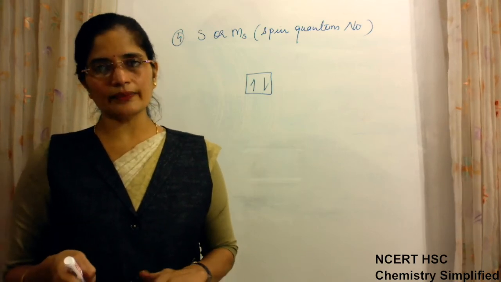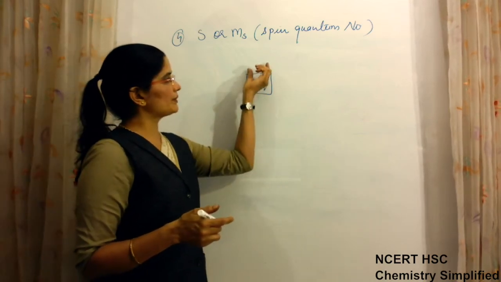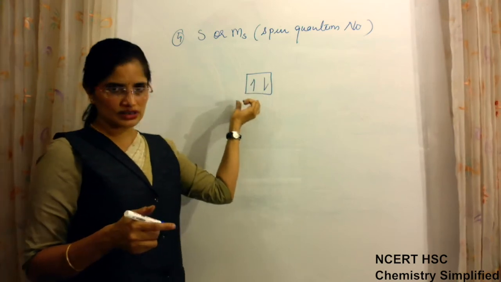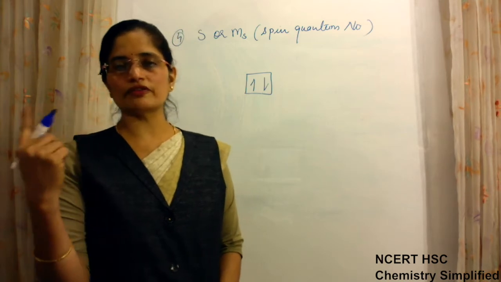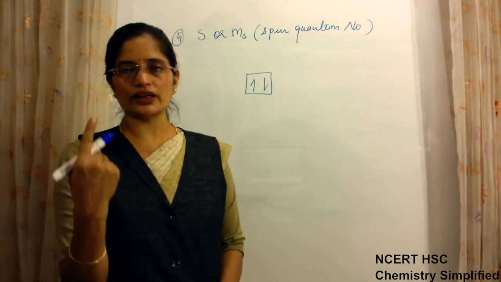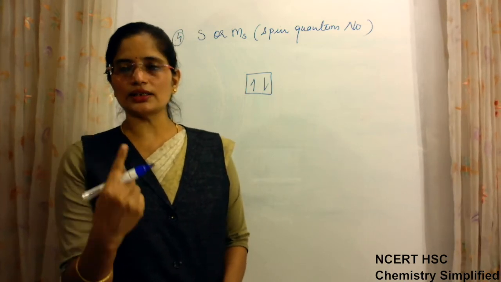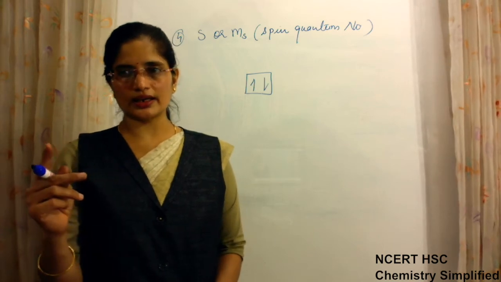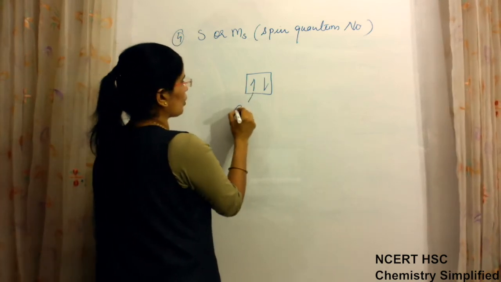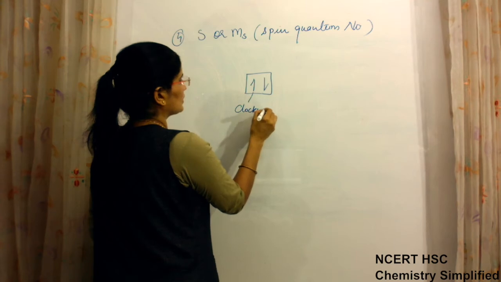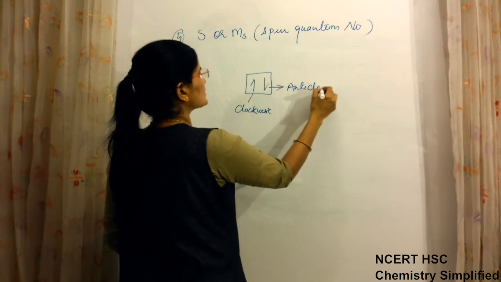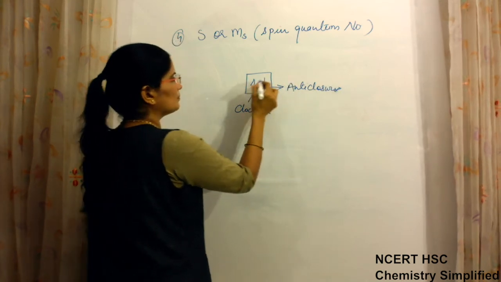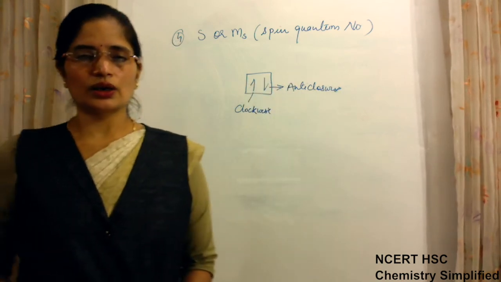So the 2 electrons which are present in the same orbital always have opposite spin. Means if one is moving in one direction, the other will spin in the opposite direction. That means if this is clockwise, the other one will move anti-clockwise, so that they both are stable in the orbital.